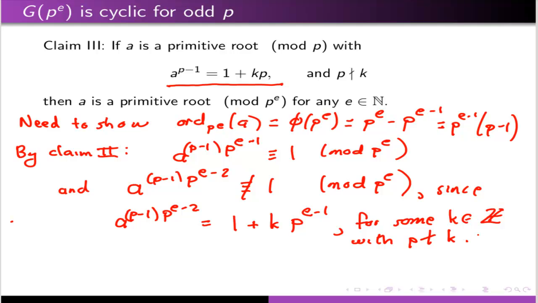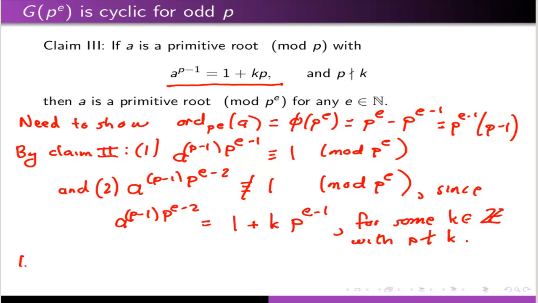So if the left-hand side here was congruent to 1 mod p to the e, then in fact you must have p being a divisor of k. So since p is not a divisor of k, that tells us that this relationship cannot hold. In fact, this power of a is not congruent to 1 mod p to the e.